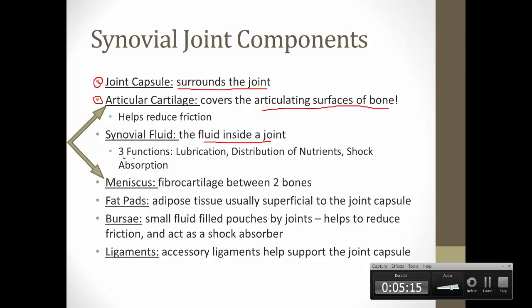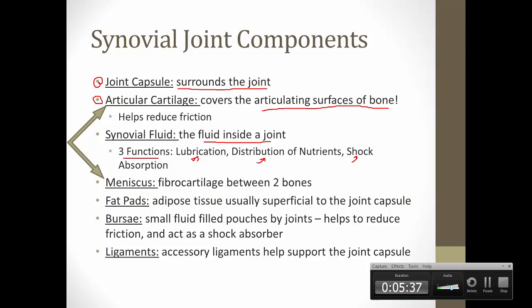And it has three main functions, including the lubrication, the distribution of nutrients, and shock absorption. So lubrication of what? This is the lubrication of the joint surfaces. Distribution of nutrients, because as we know, the cartilage that makes this joint is avascular.